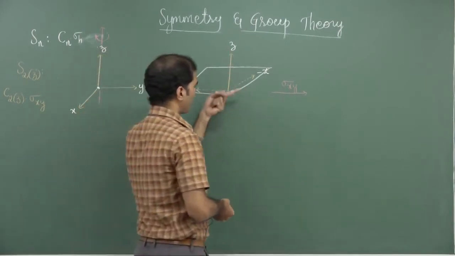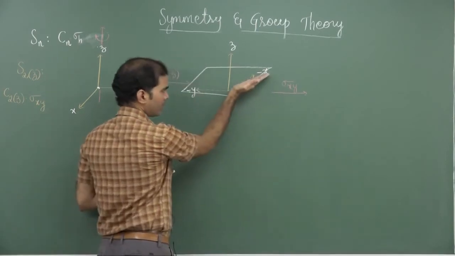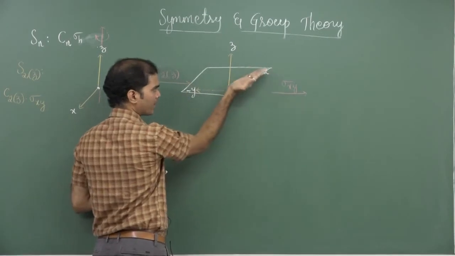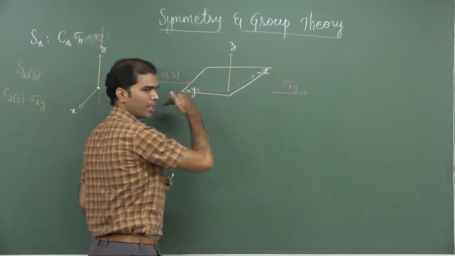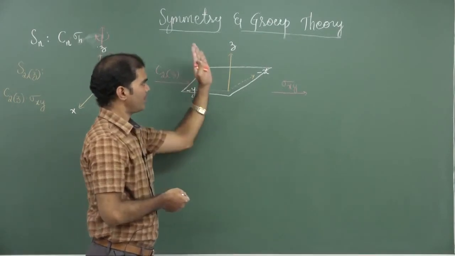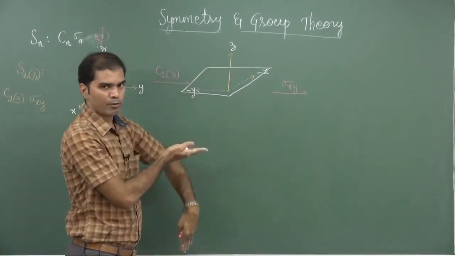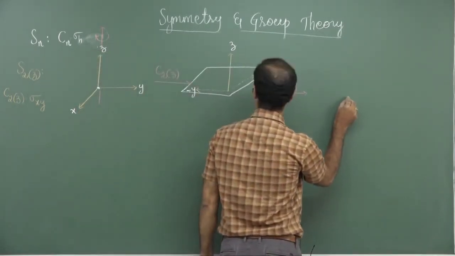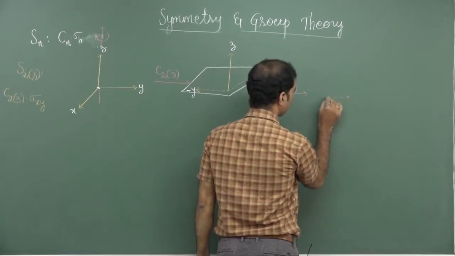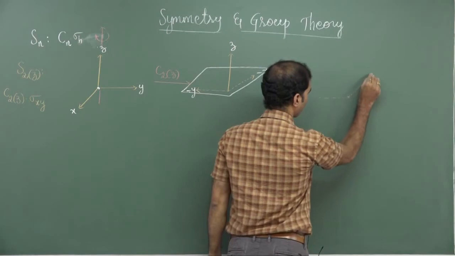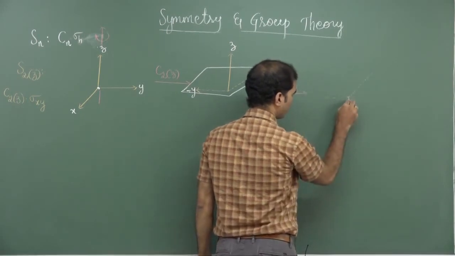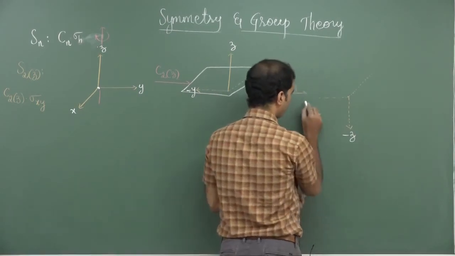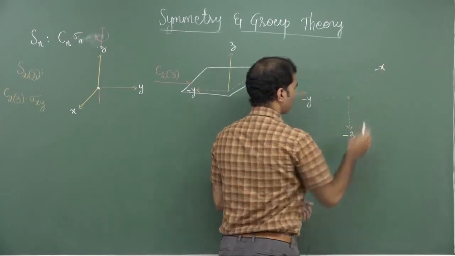Once I pass this xy, you can see minus x is intact. It cannot reflect here. It is within the plane, so it will not exchange. Y is within the plane, it will not exchange. But z is above the plane. Now if this is the plane, z will reflect below. So what finally happens is, from the center point, x and y are intact. Now z is being reflected into minus z, minus y, minus x.